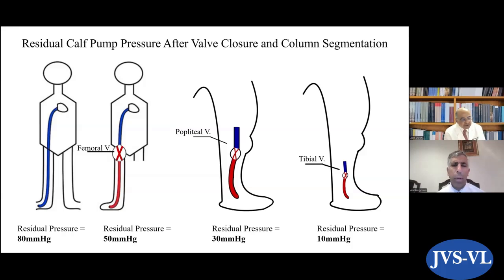The most efficient segmentation occurs at the tibial valve level. The residual pressure is reduced to 10 millimeters of mercury, and the duration lasts up to 2 minutes. So you get the best segmentation there because the pressure is the lowest and the duration of column segmentation is the longest. So that's what we are doing by measuring CID.